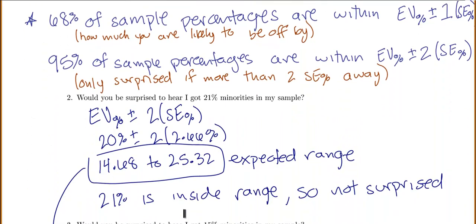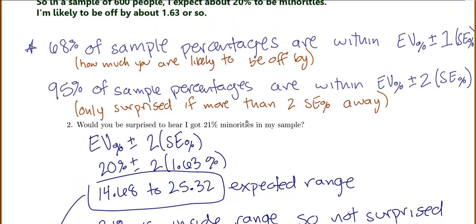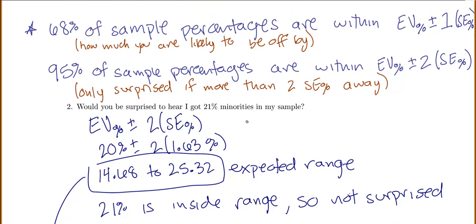And that's going to change my range down here. So it's going to be 20% plus or minus 2 times 1.63. So my new range is 16.74% to 23.26%.